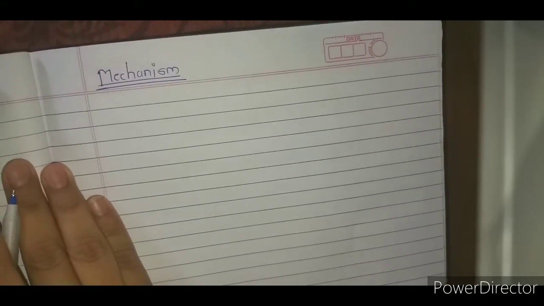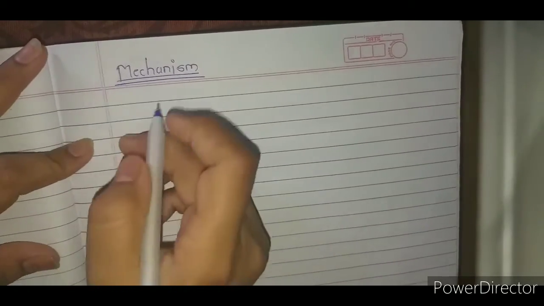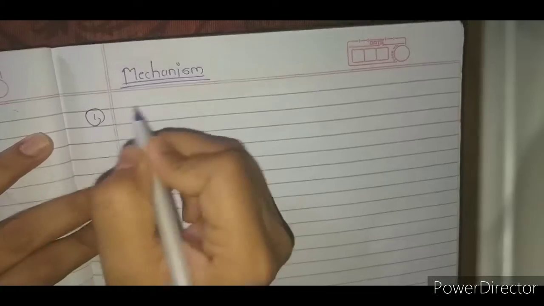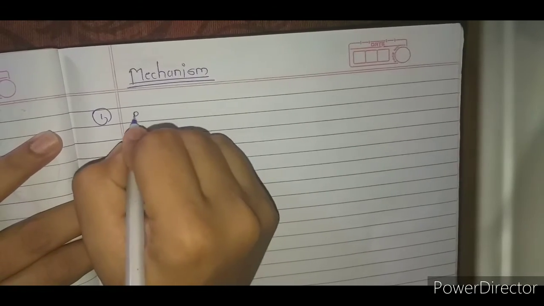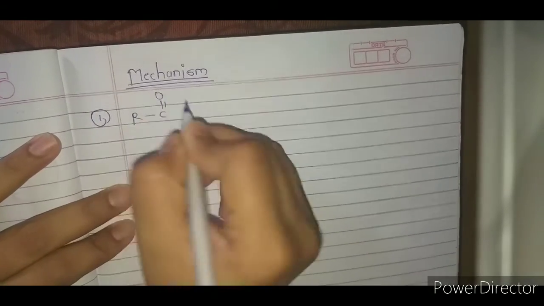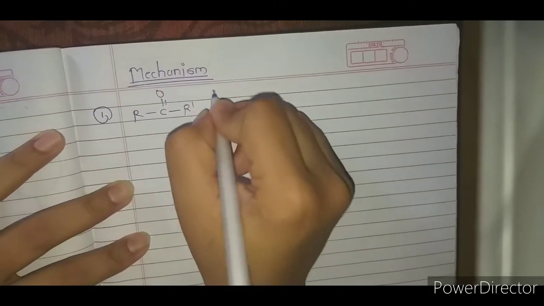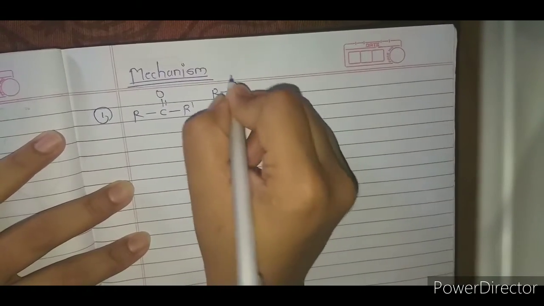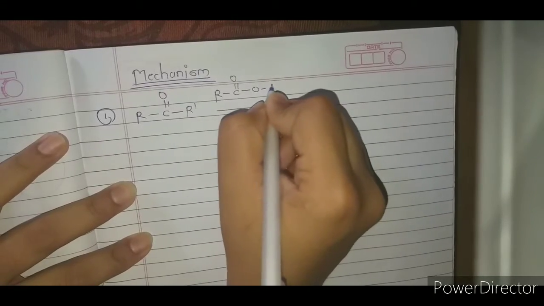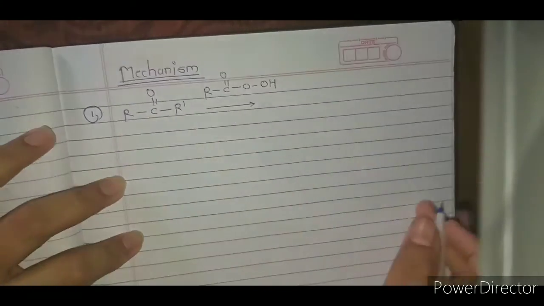Let's see the mechanism of Baeyer-Villiger oxidation reaction. In first step, what happens? Take ketone. This is your ketone. This is your per acid. Okay.